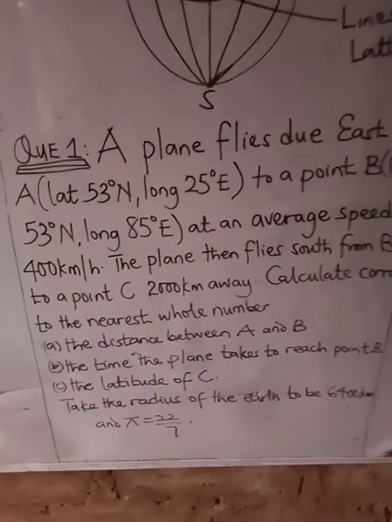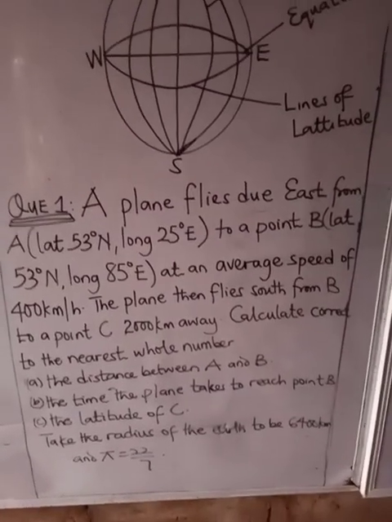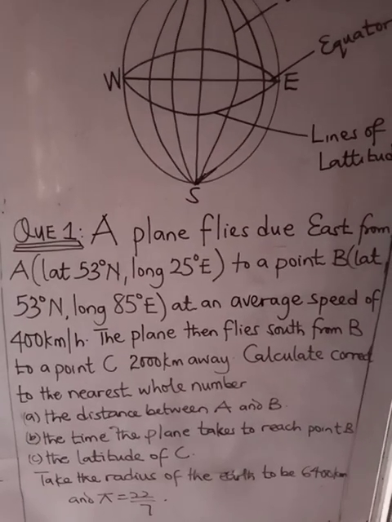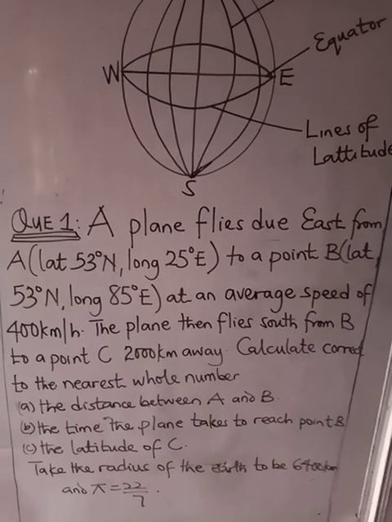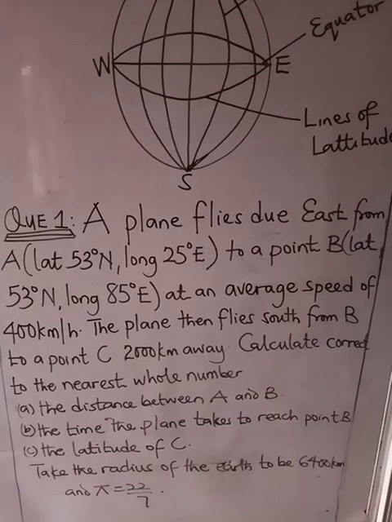A plane flies due east from latitude 53° north, longitude 25° east. That's the first point, point A, to a point B, latitude 53° north, longitude 85° east.